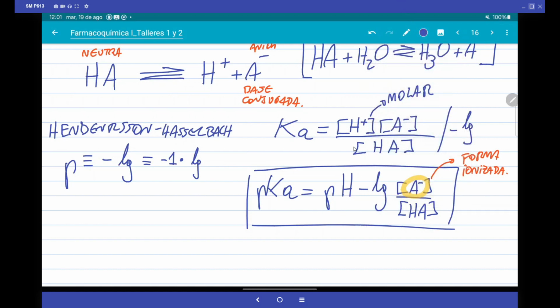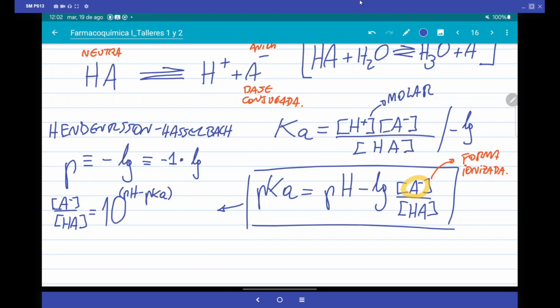Just one small thing more: if one wants to rearrange this, you can rearrange it as the molar concentration of A minus divided by the concentration of HA is equal to 10 raised to pH minus pKa. That is clearing the equation.